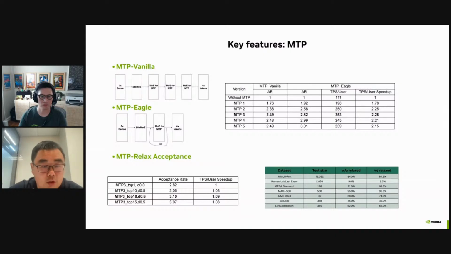And of course, it's a lossy method. So we have compared the accuracy without relaxed acceptance and with relaxed acceptance in the third table. If we compare the table, we have to say that the accuracy loss is slight.